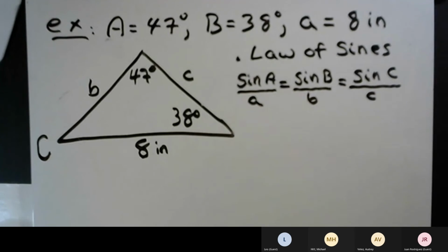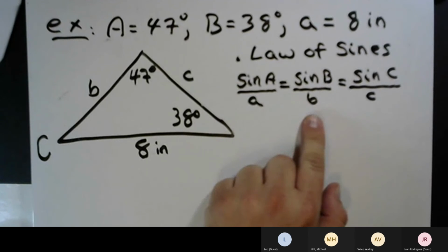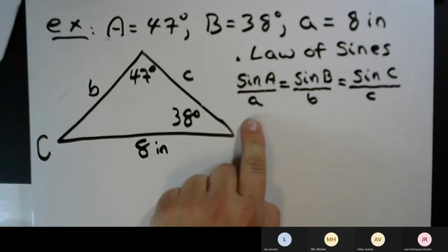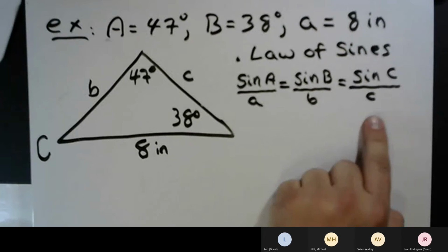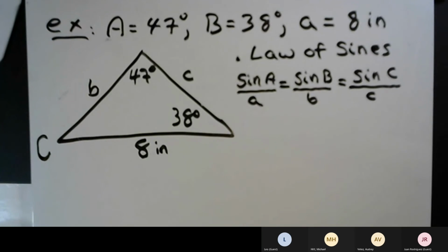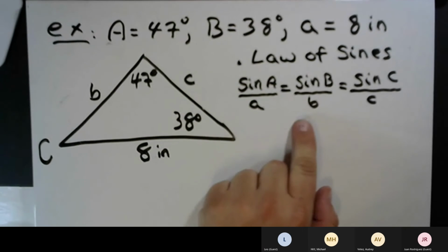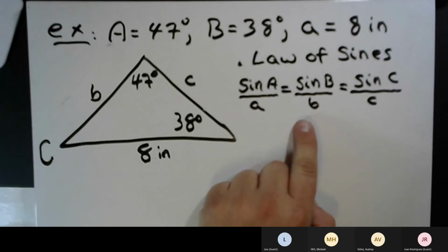So what we really have are 3 different equations we can use. We could set this fraction equal to that fraction, or this fraction equal to that fraction. So we use the fraction that's going to help us. Let's take a look at these b's here.